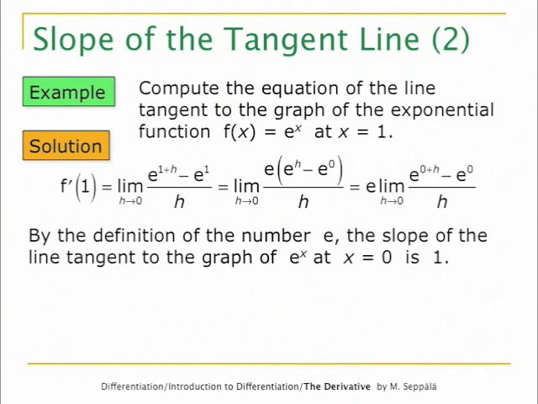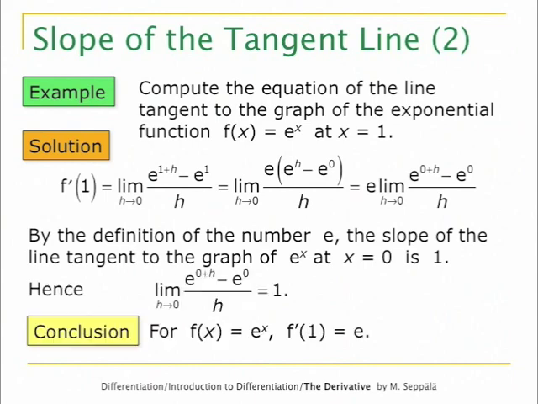Therefore, this limit by the definition of the mathematical constant e is 1. And we conclude that the derivative of the exponential function at the point x equals 1 is simply e.